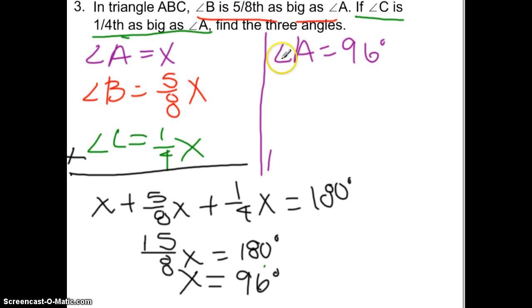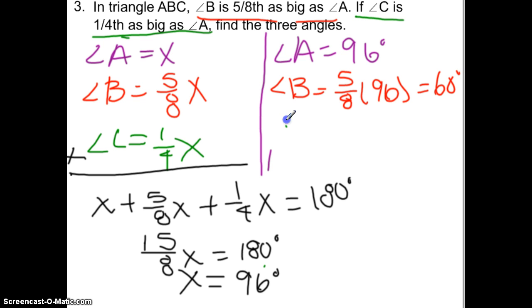When we plug x back into angle B, 5/8 times 96 leaves you with 60 degrees. And when we plug 96 in for angle C, we get 1/4 times 96, which equals 24.